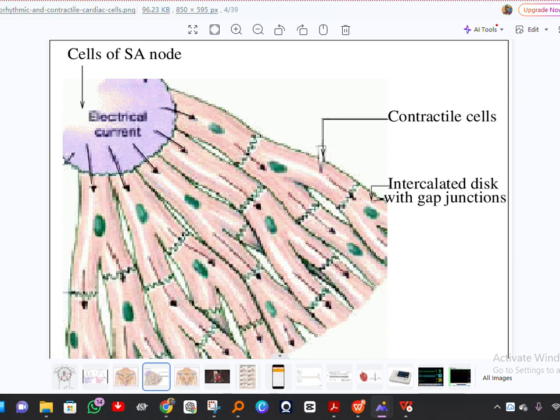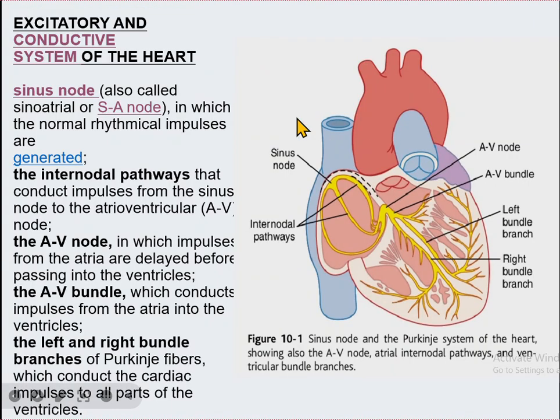But as they reach the atrioventricular junction from the atria to the ventricles, they cannot spread through. There is a blockage, meaning the impulse from the sinus node will only reach the ventricles through the conduction system. This is important to explain the blocks as we shall discuss them later.